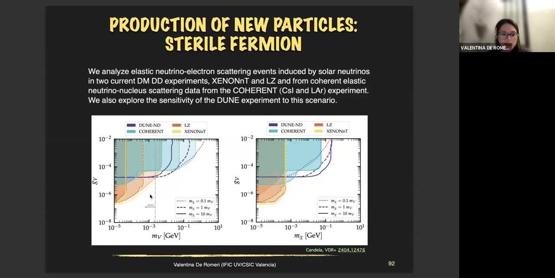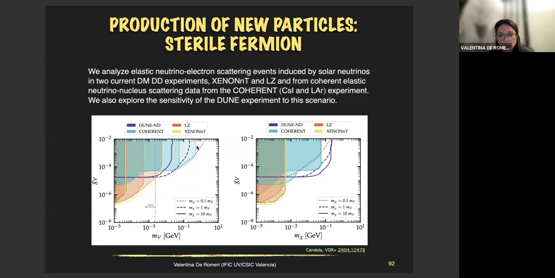And the idea behind this analysis was to show that there is complementarity between the different experiments. For instance, direct detection experiments like LZ and XENONnT would set the most stringent constraints at low masses. COHERENT would do better at present at heavier masses, up to 100 MeV or so, depending on the scenario, of course.